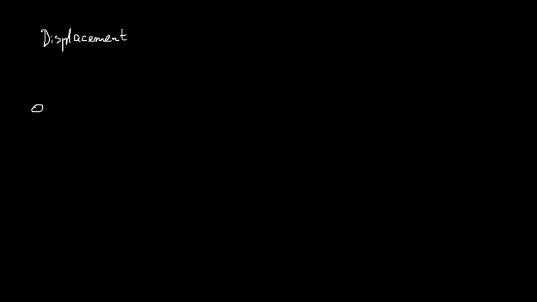So if I have, say, a little ball here, and I displace it by a certain distance in that direction, so that it comes here, and then I displace it by another distance in another direction, and the ball comes there, then I can understand that the resultant displacement is simply this.